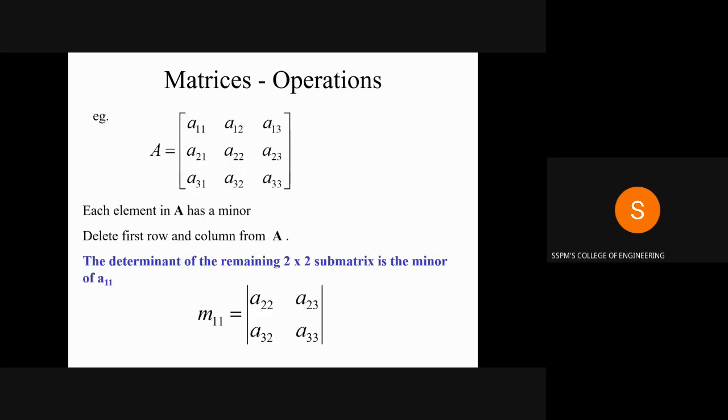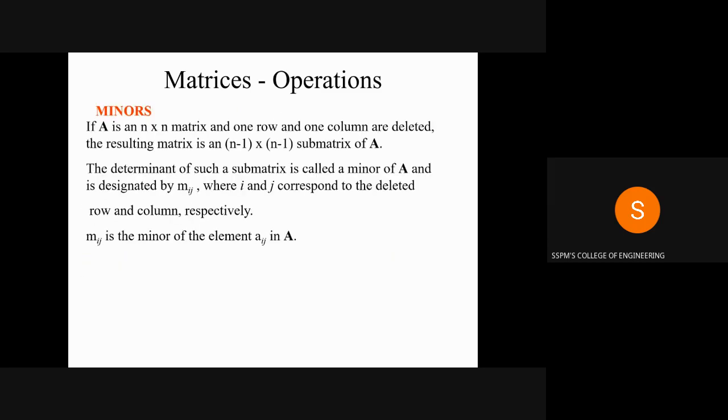So minors. What are minors? Minors of elements. Suppose this is your matrix 1, 2, 3, 4. What is Aij? What will be the minor of Aij?